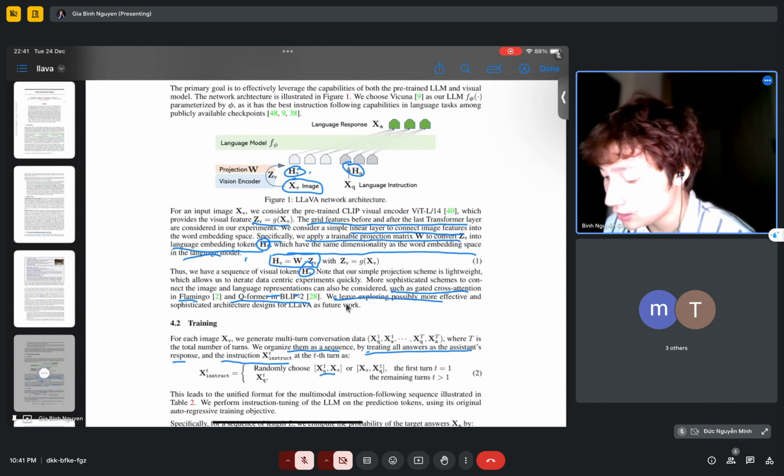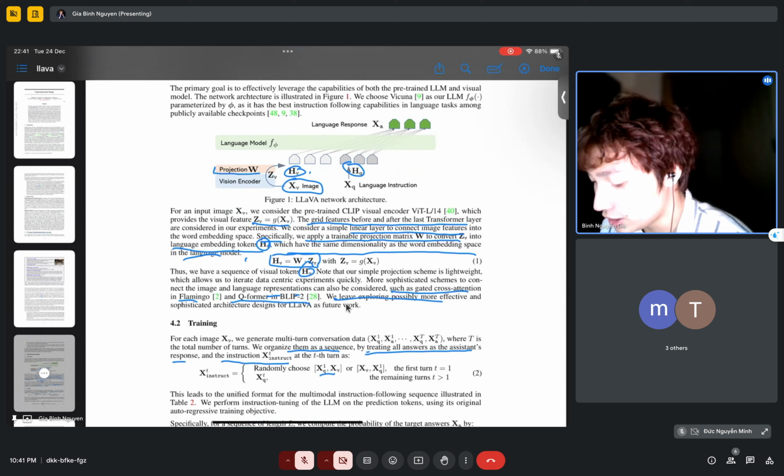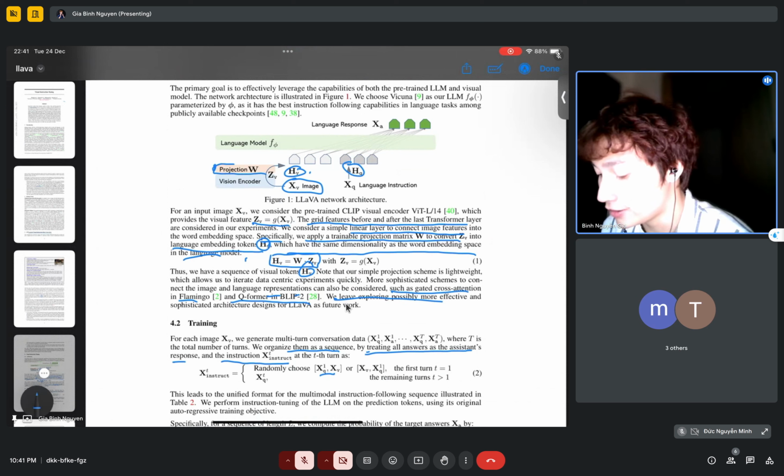Okay. The projection here is a trainable layer, and the parameters in the vision encoder are frozen.